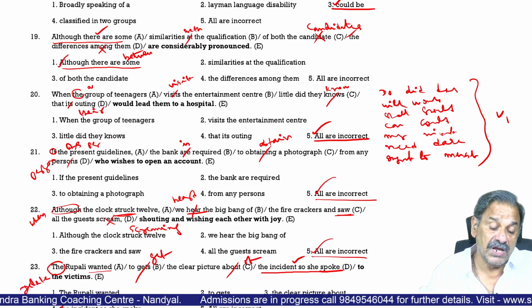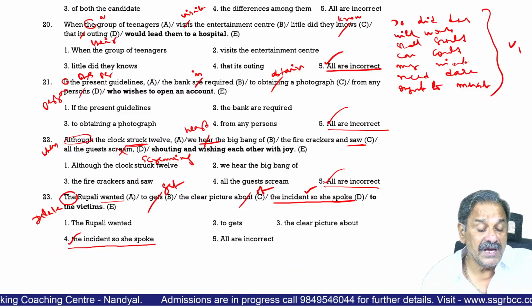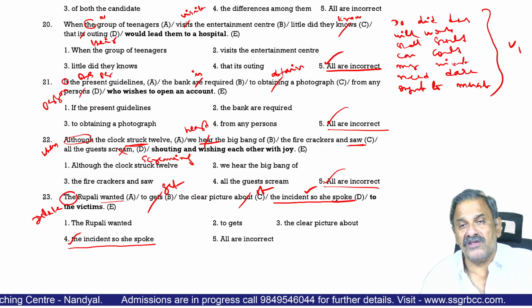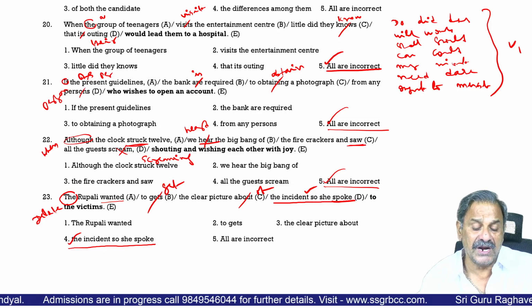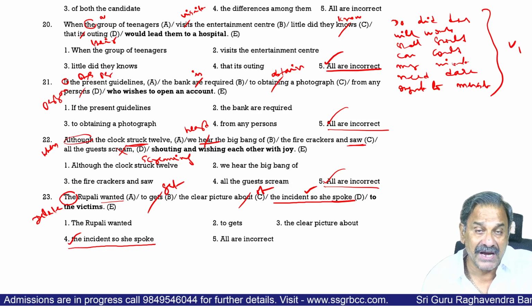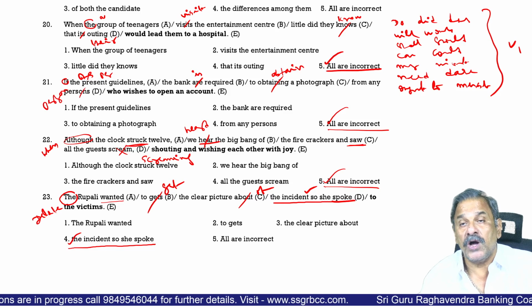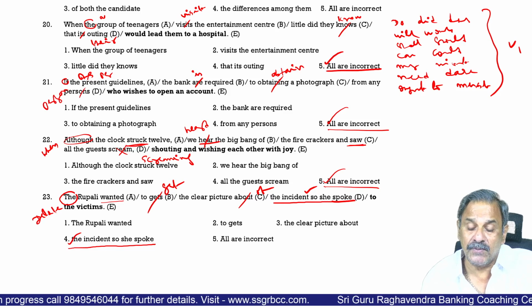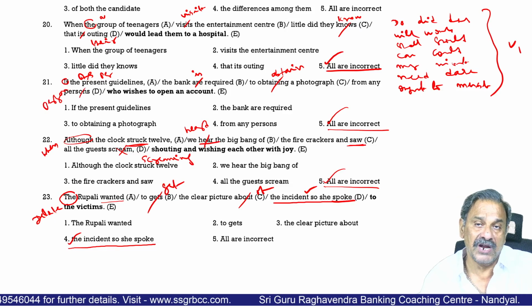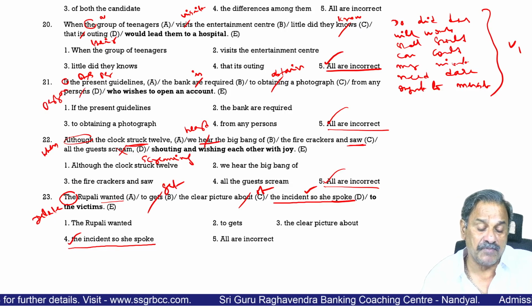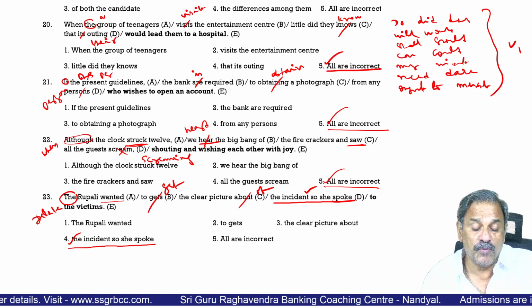Then, 21st. If the present guidelines, it is a wrong starter. As per the present guidelines, the bank is singular. He is required to. After to, what do you have to use? The first form verb. To obtain a photograph from any person, any singular. So you have to use any person, not persons, who wishes to open an account.